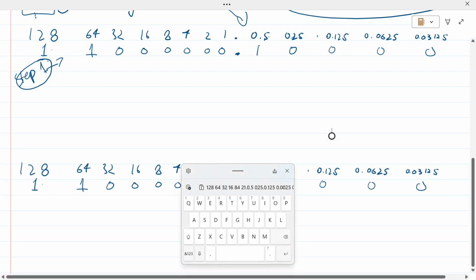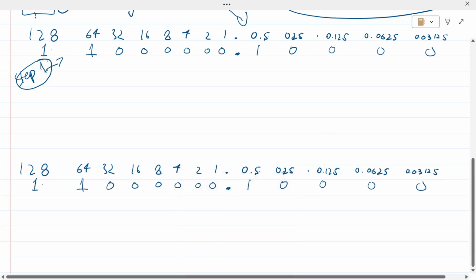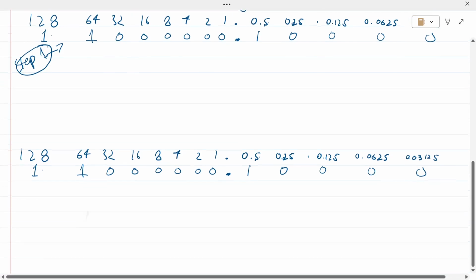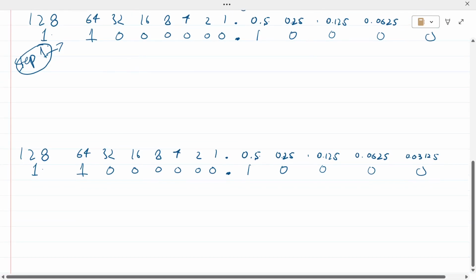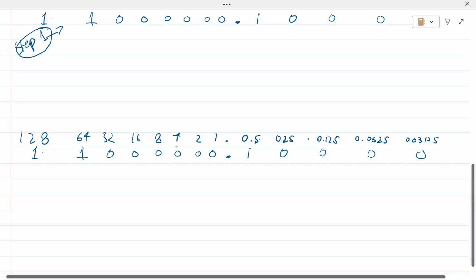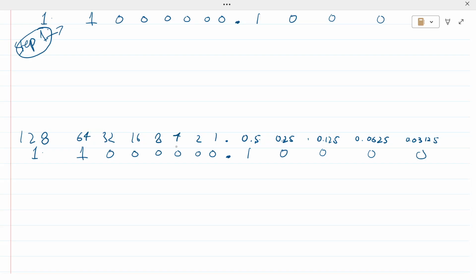Now, the second step for this is going to be the following. The second step is you pick this thing up, this dot, and you have to take it all the way to the end, right?